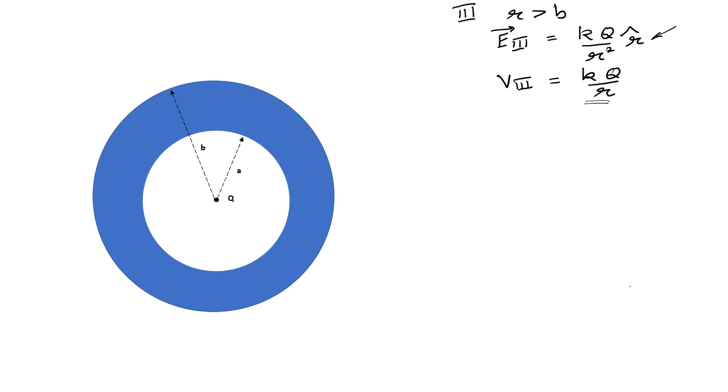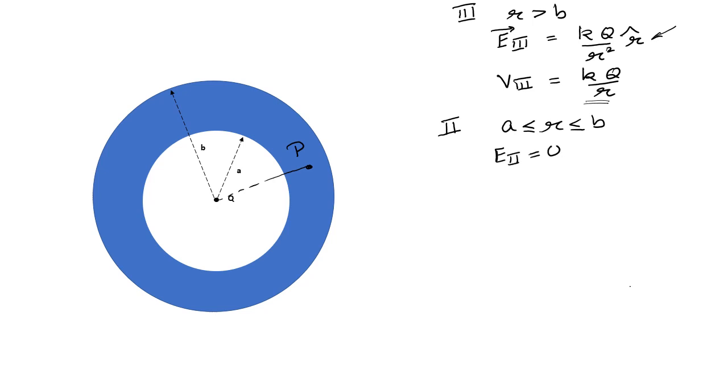Now let's come to region 2, always outside in. So I want to go to the region at a point P here. Again, the electric field inside this has to be 0.